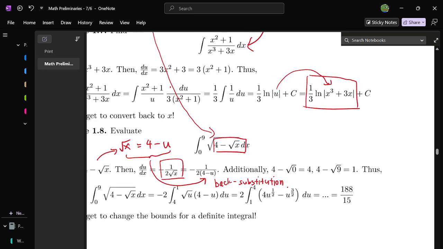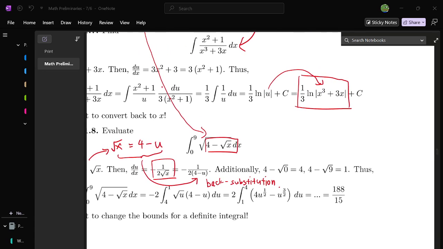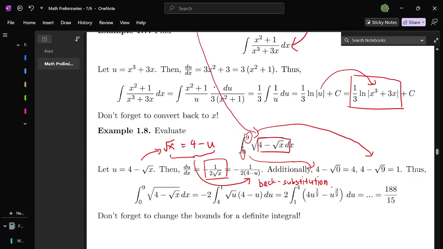And once you have that, remember to change the bounds of your definite integral here and then sub your u in here.